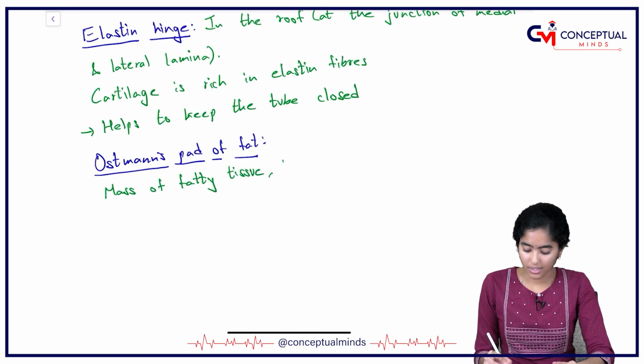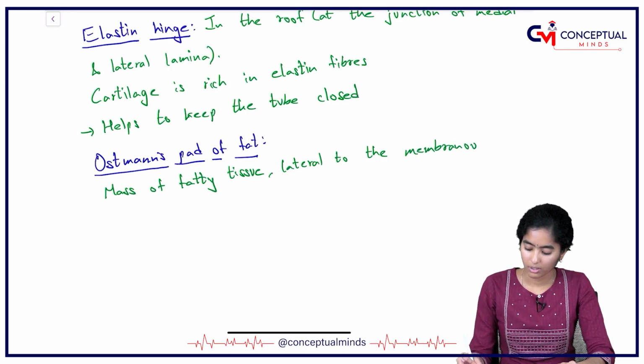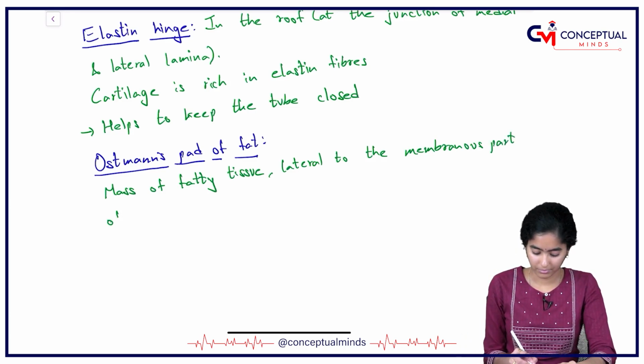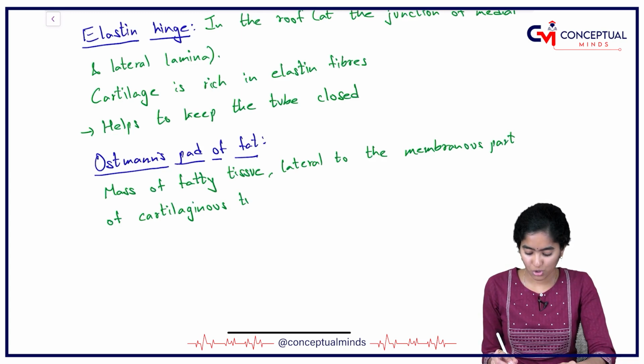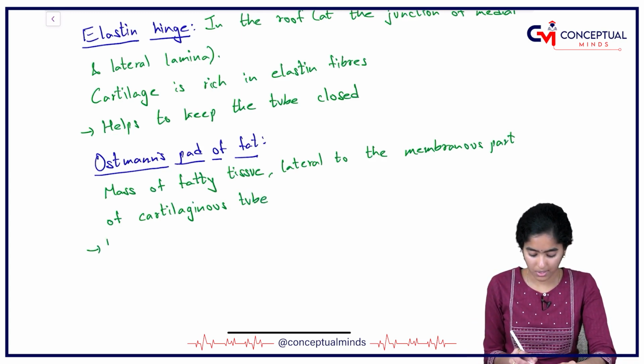It is present lateral to the membranous part of cartilaginous tube. And just like the elastin hinge, this also helps to keep the tube closed.